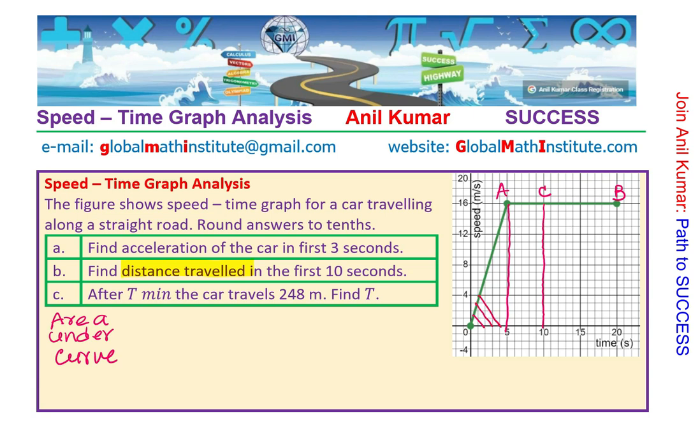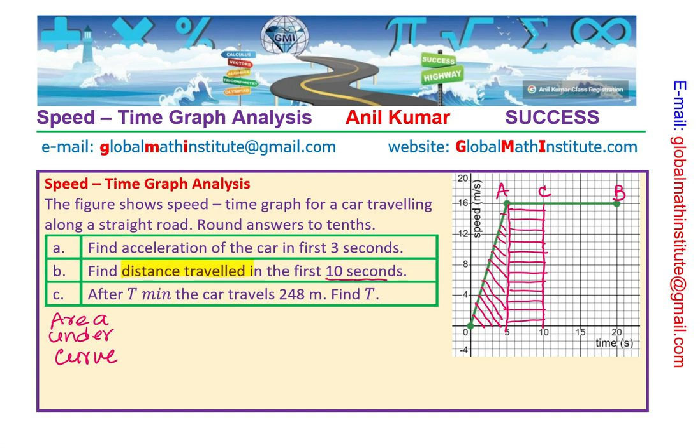One is this, where it accelerates, it is like a triangle, correct? And the other is the rectangle. We can add these two areas, correct? You could also use trapezoid formula to find the area, correct? So area under the curve for first 10 seconds gives you the distance traveled, and that too in meters, right?